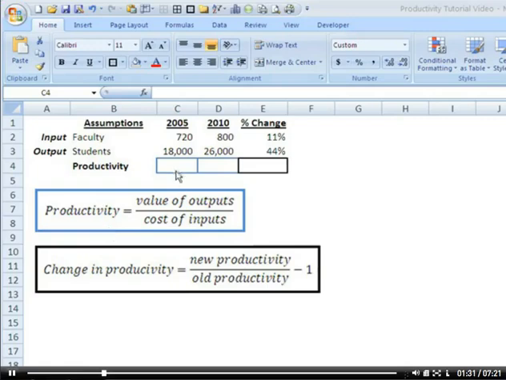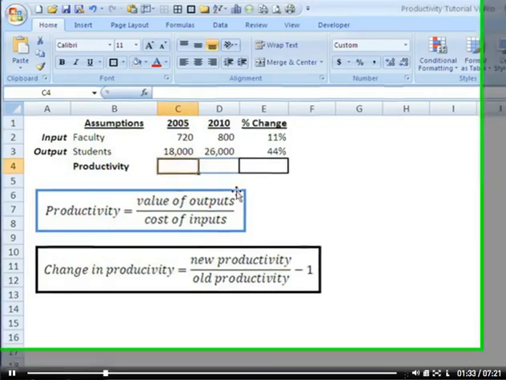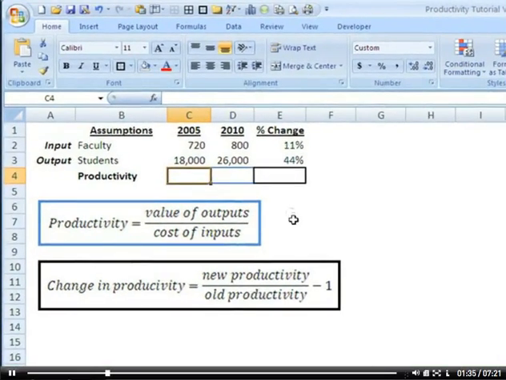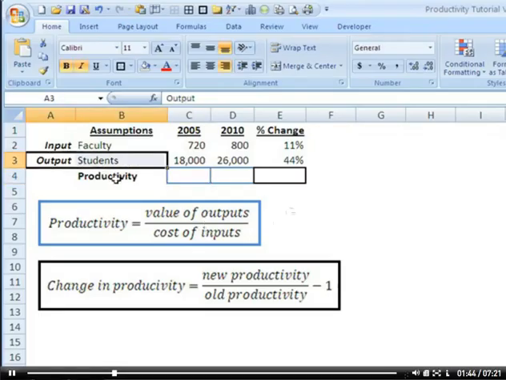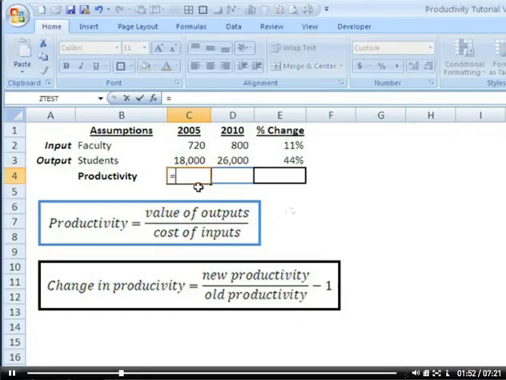So to measure the productivity for each of these two periods, or snapshots, we would look at, again, this very simple formula. The value of the output is our students. So it's the value of the outputs divided by the cost of the inputs, or the value of the inputs. And so we just simply have the output being students divided by faculty.